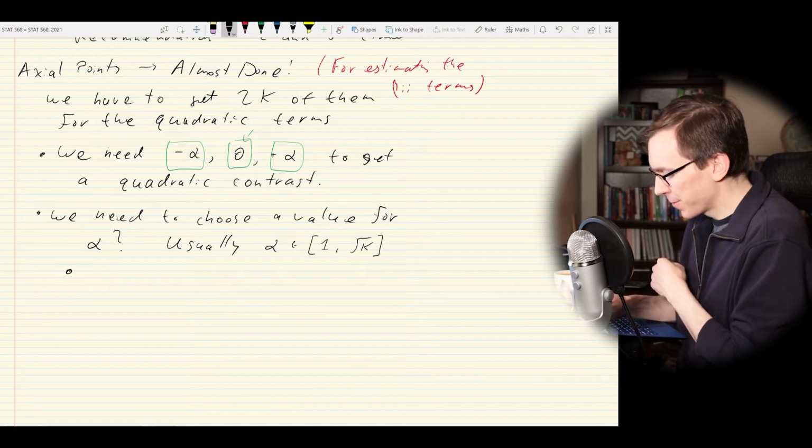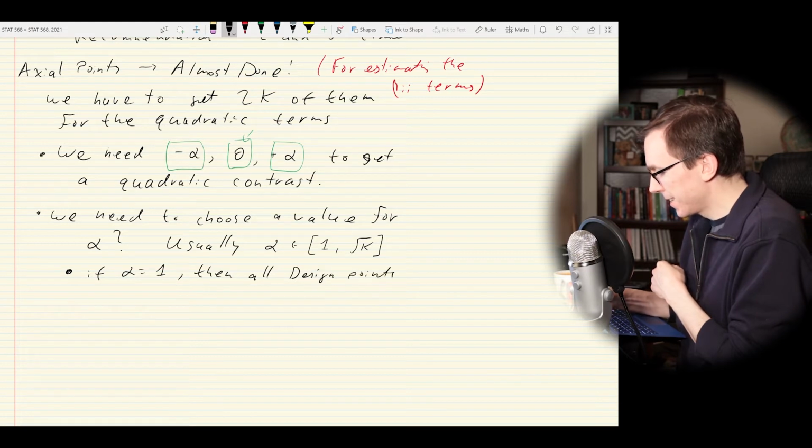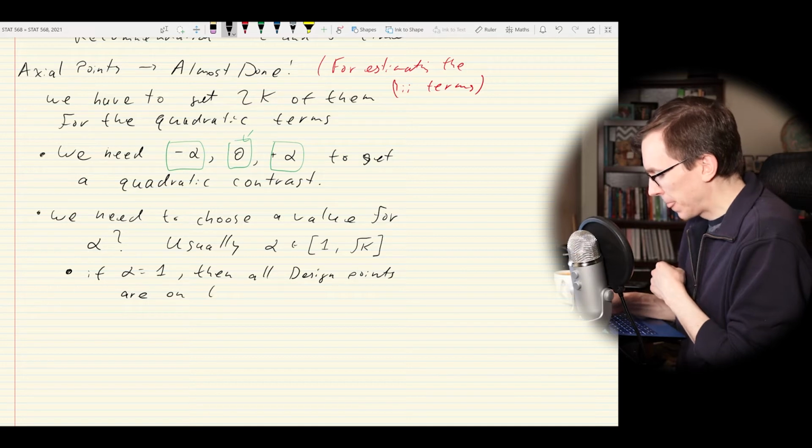And then we have sort of two subpoints. If alpha is equal to 1, then all design points are on the cube, or the hypercube, I guess.